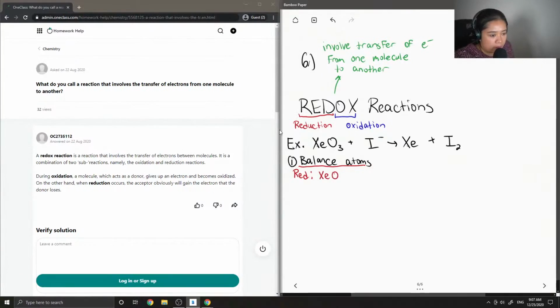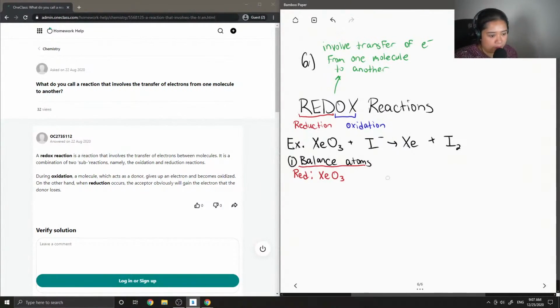And we can also tell if a molecule is reduced when its oxidation number decreases, and when a molecule is oxidized, then its oxidation number increases. So in the case of the xenon trioxide, this is reduced to just xenon.